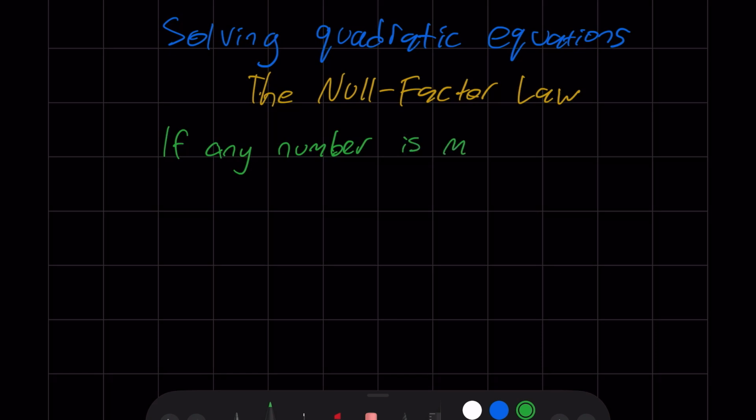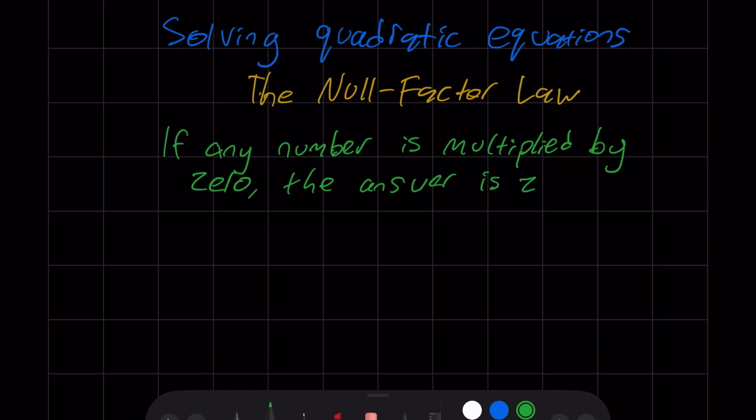is multiplied by 0, the answer is 0. Now we all know this, we just didn't know that some of you may not have known that there was a name for this.